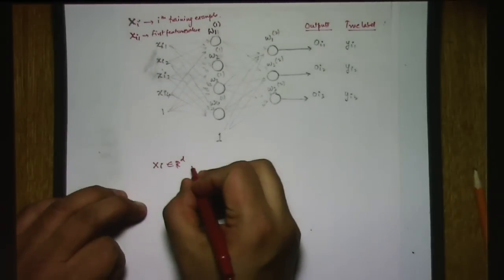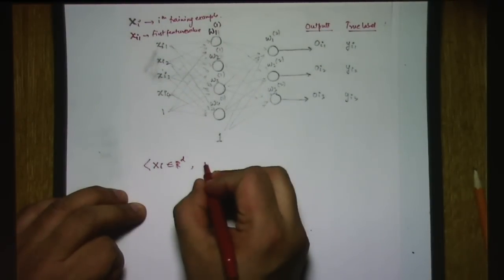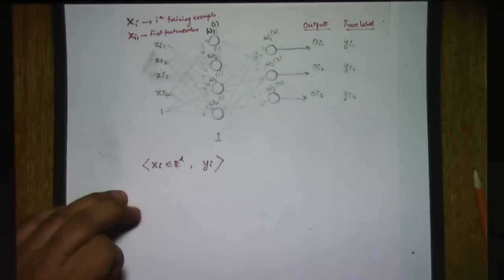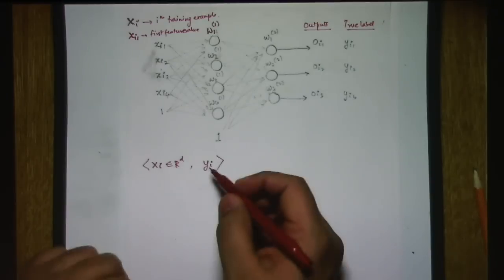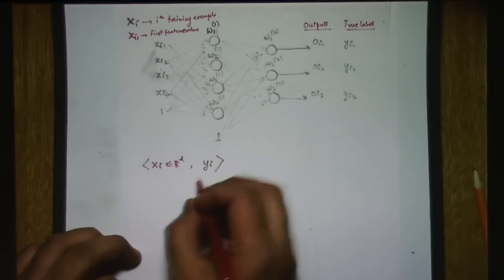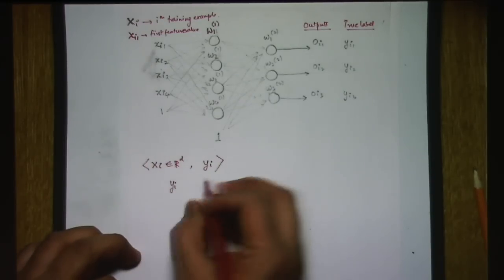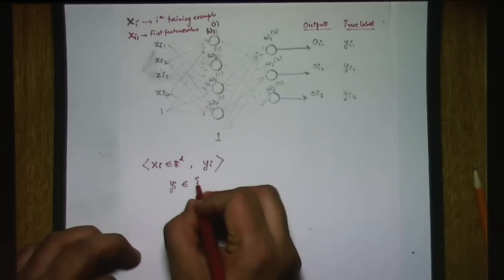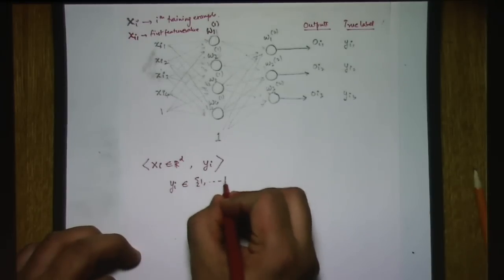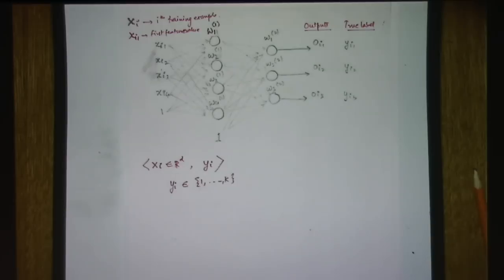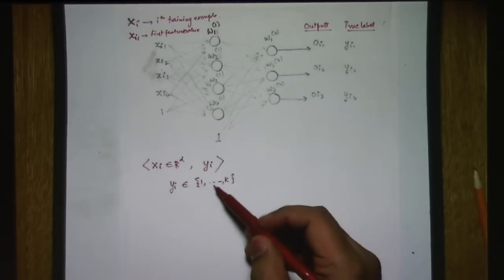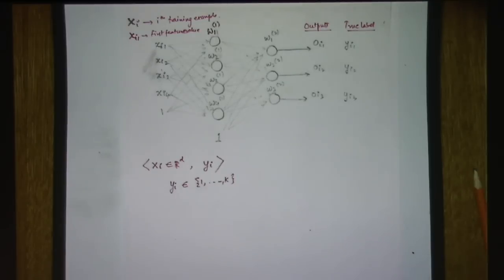And corresponding to that, we will have a yi, which is the true label. When it is given to you, yi will just be a categorical value because these are classes. So yi will be one value between 1 and k. If it is class number 4, then yi will be 4, and so on.